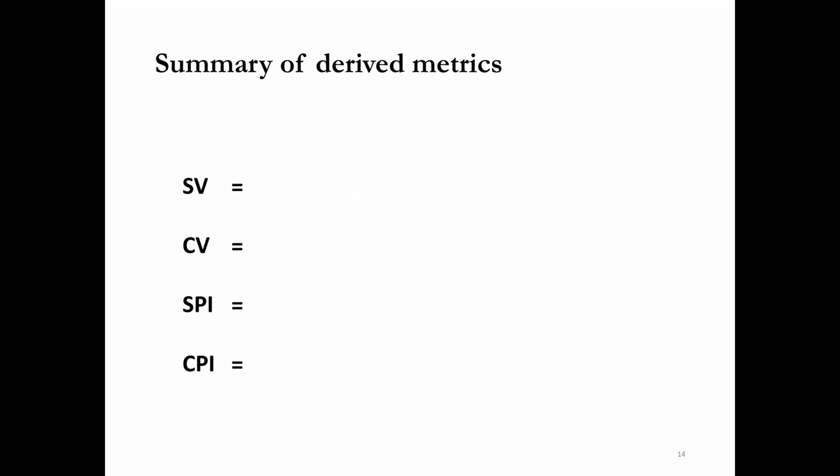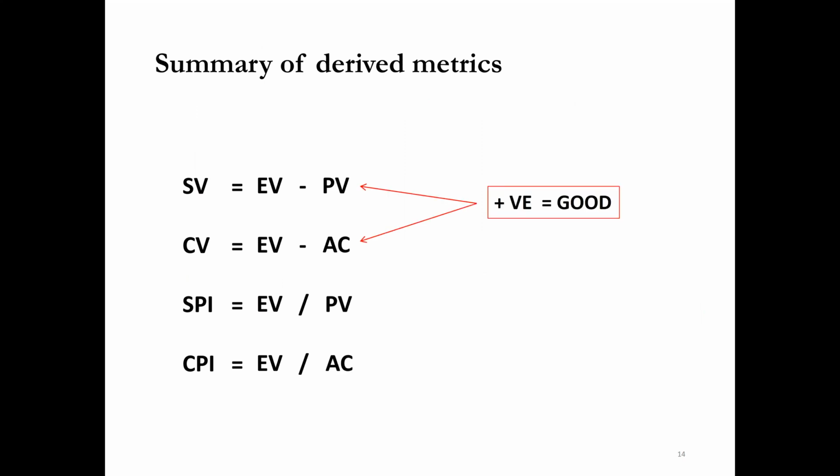Now what we have learned is these values. It's very easy to remember these formulas, because every time, schedule variance is EV minus PV. Cost variance is EV minus AC. Schedule performance index is EV over PV.